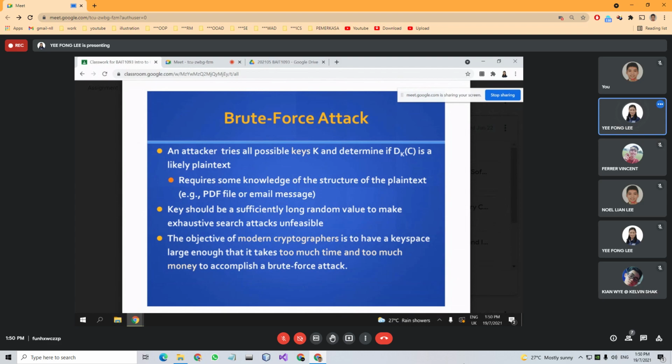That's why I mentioned in the second bullet, the key shall be a sufficiently long random value to make an exhaustive search attack unfeasible. The objective of a modern cryptographer is to have a key space large enough so that the attacker would have to take too much time and money to accomplish the attack.